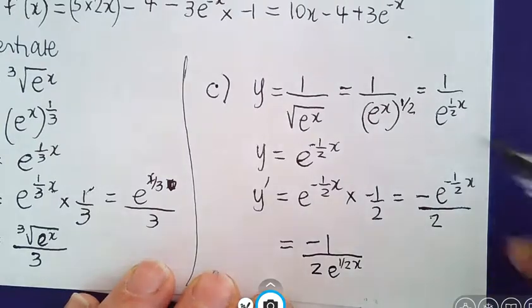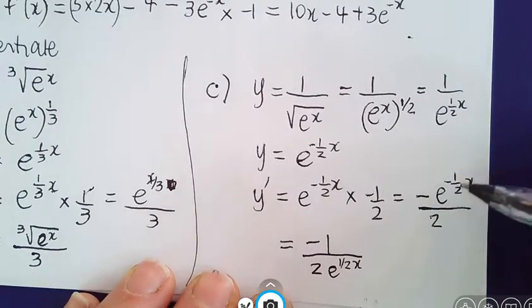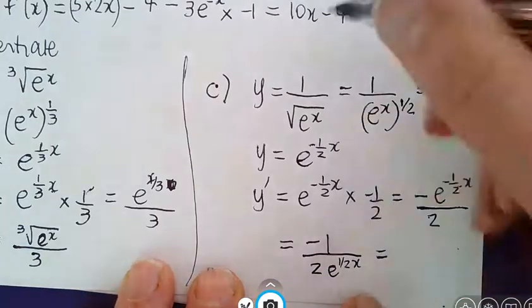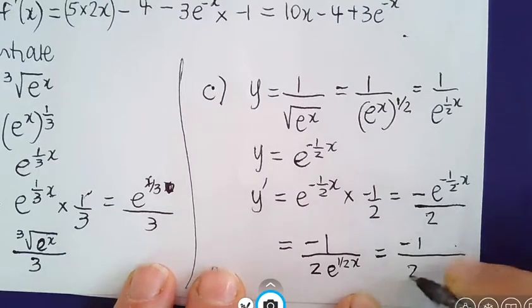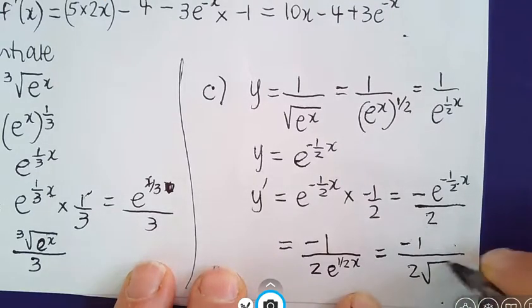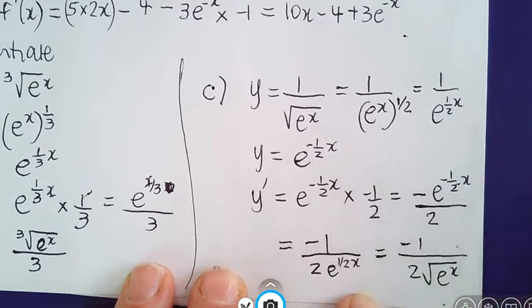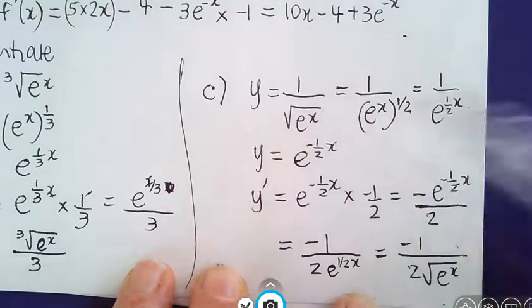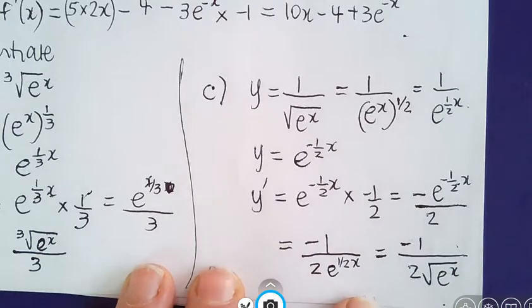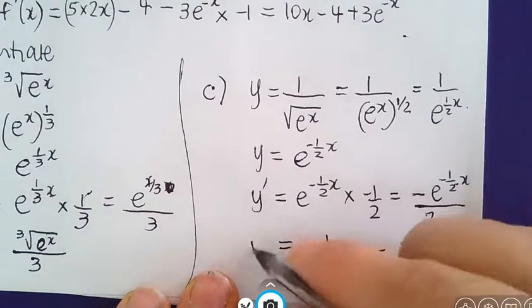You okay with this? E to the negative half x is e to the half x on the denominator. How am I going to write it the way the question was presented to me? Negative 1 over 2 root e to the x. Because it's really x on 2. Or if you look back up here, e to the half x is the square root of e to the x, because the half is the square root and the x is the power. Okay, so that's what y dash is.